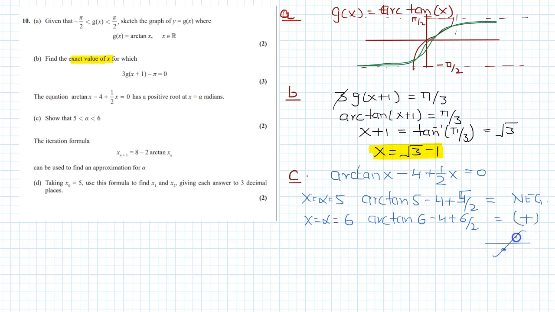So between negative and positive, it shows that alpha is lying between 5 and 6, and that is the solution of this equation.